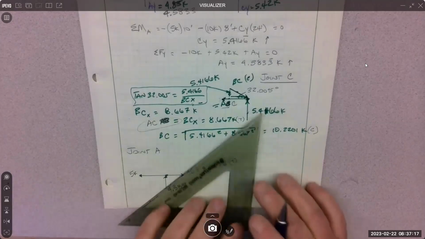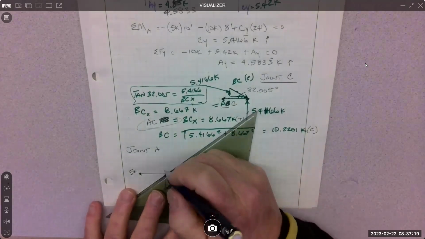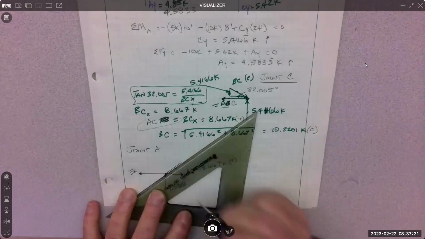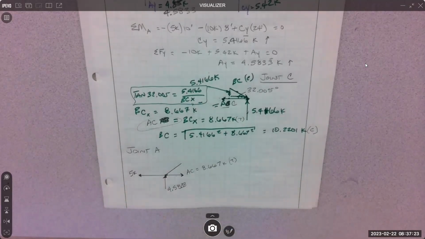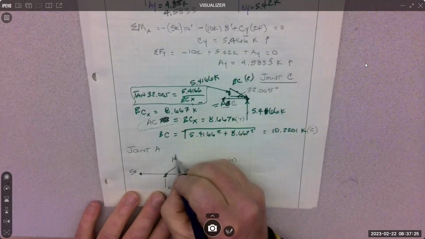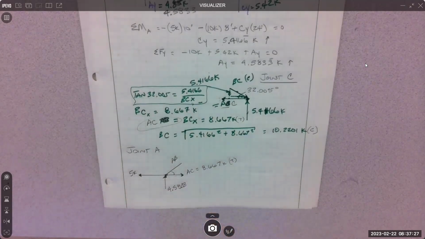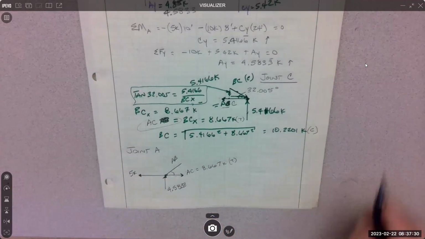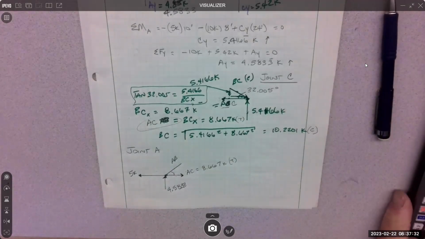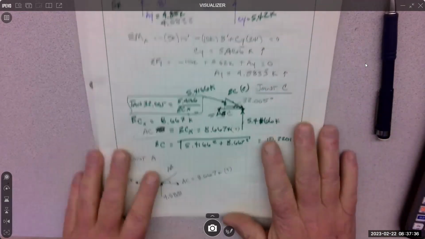And then I have AB, which is my unknown. So I need its angle. Looks like that's inverse tangent 10/8, just looking at the diagram up here.